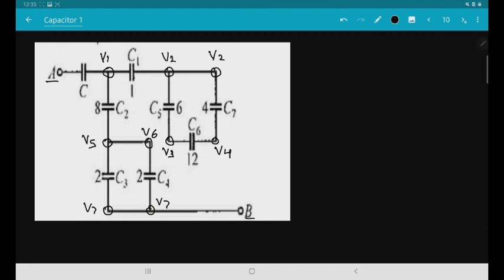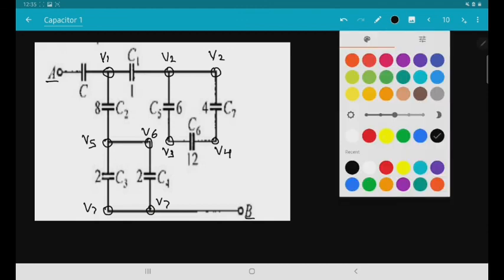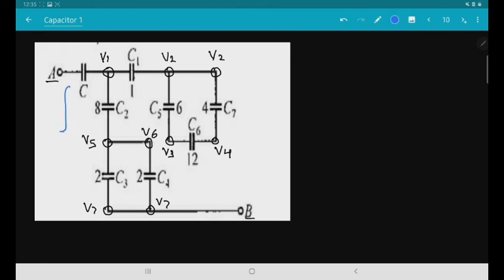Now first we will take this branch here. As we know, if the capacitances are between the same starting and ending points, that is same starting potential and ending potential, that means they are in parallel, and if they have different starting points or different ending points, that means they are in series.